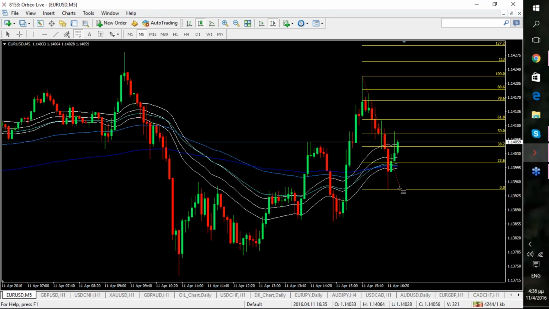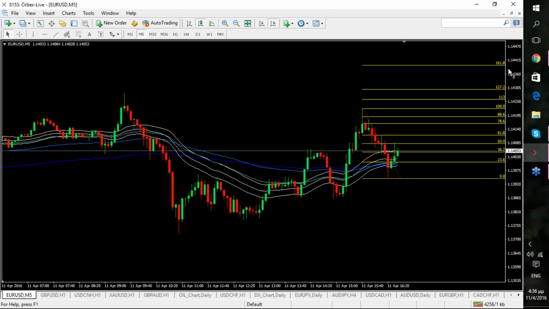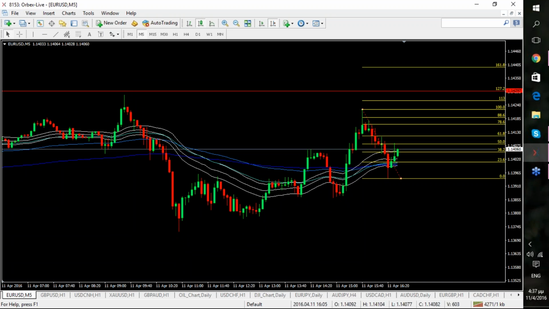So we pull the B to C, and we're now looking for the 1.272 only because the C has landed at the 78.6 or close to the 78.6 level. Okay, so this is my potential target on the upside for this ABCD pattern.